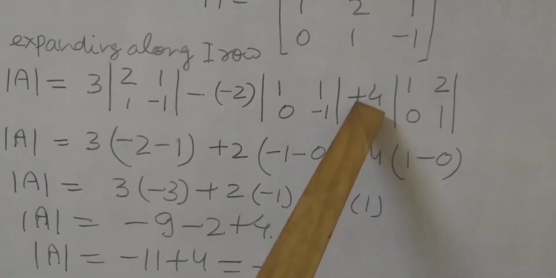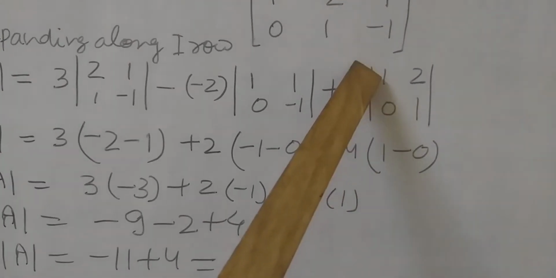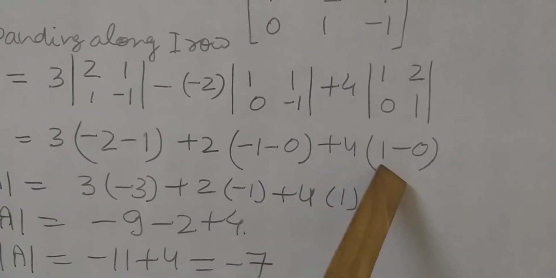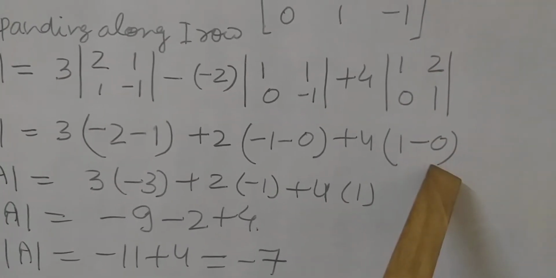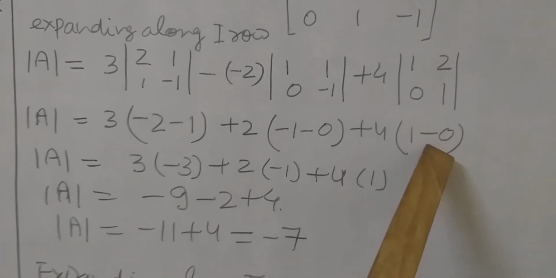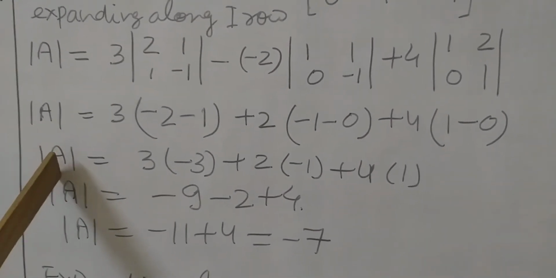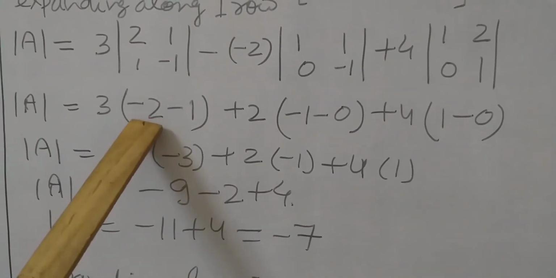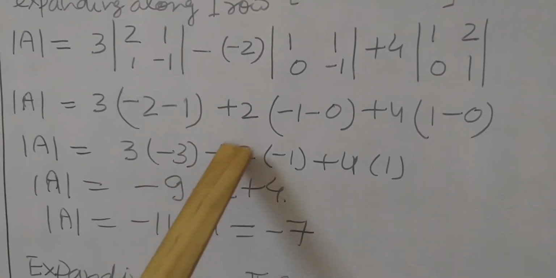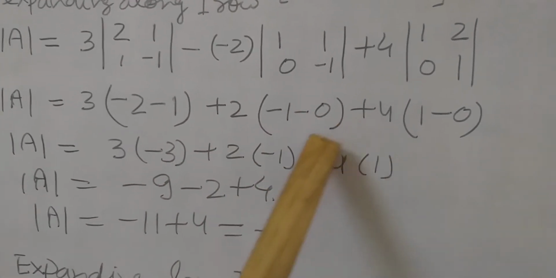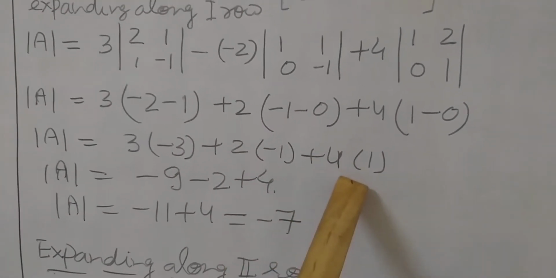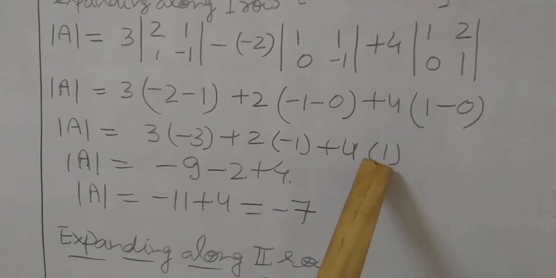Plus 4, student. Now 1 into 1 and 0 into 2. We have to put a minus sign, student, between them. So determinant of A equals 3 minus 2 minus 1 minus 3 plus 2 minus 1 minus 0 minus 1 plus 4 into 1 minus 0 into 1.